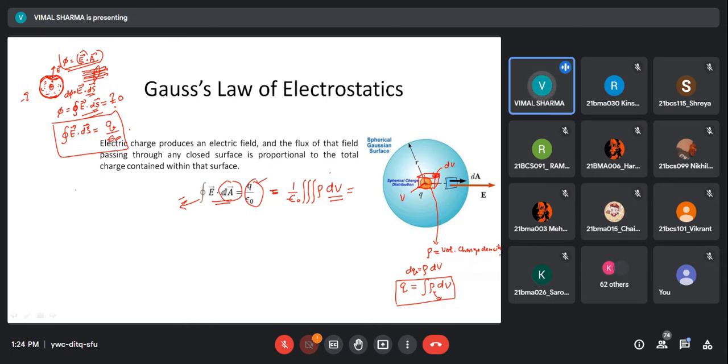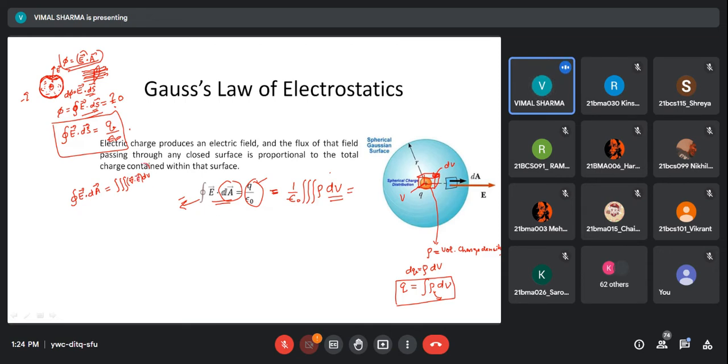So for this I can write, according to the Gauss divergence theorem, E dot ds or dA, it is only a notation difference, it is area, is equal to the volume integral of divergence of E vector.